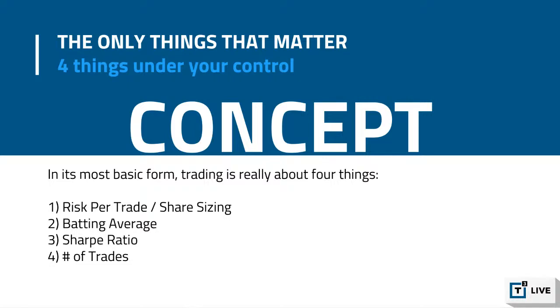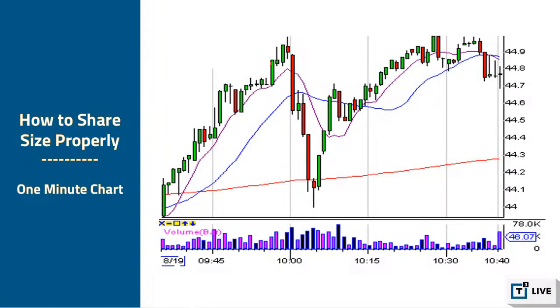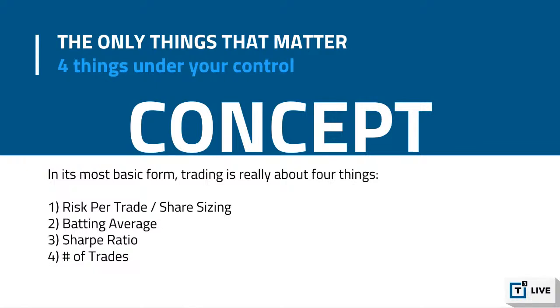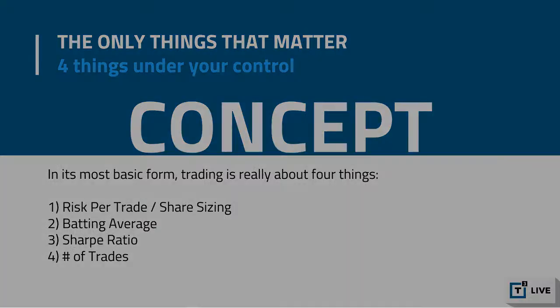So it's the frequency of your trades. Those are the four things that are under your control that will directly impact the bottom line. I'm going to show you how, so just make sure to stick around.